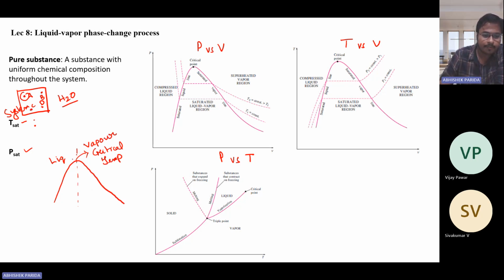There will be no intermediate phase. So directly after this point, up till this point, there will be liquid, and with a minimum amount of heat, in a fraction of a second, it will be converted into vapor above the critical temperature. But below the critical temperature, there will be the presence of phases.